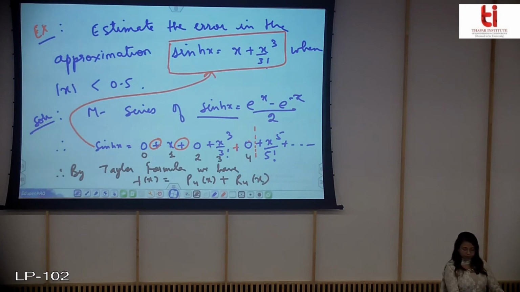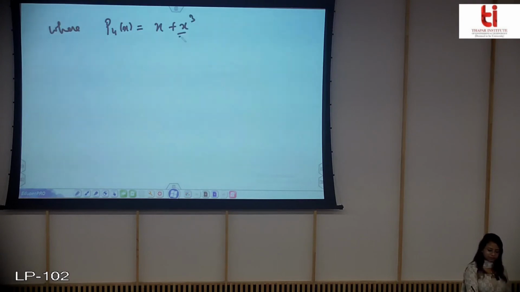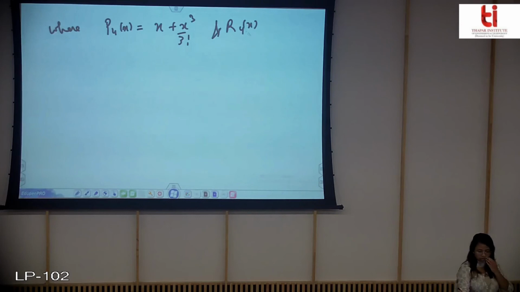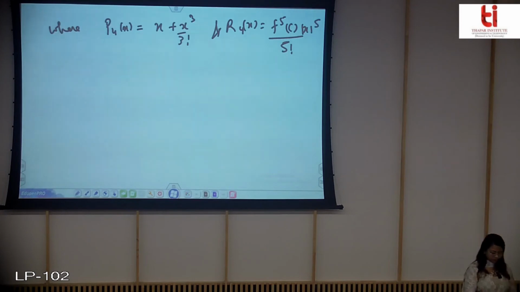Now here P4(x) is the Taylor polynomial of 4th order, which is equal to this, and R4(x) is equal to f5(c) upon 5 factorial x to the power 5. Okay. So now what you need to find out is f5(c).